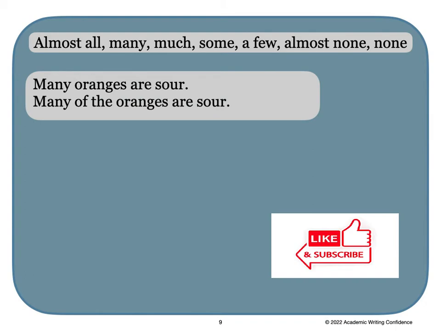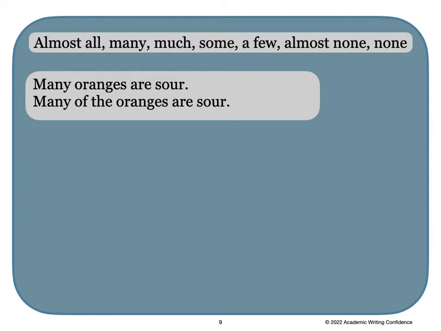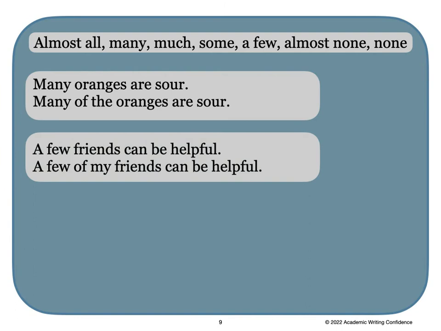Many oranges are sour. That's the general statement. Many of the oranges are sour. That's the specific statement. A few friends can be helpful. This is the general form. A few of my friends can be helpful. This is a specific form.